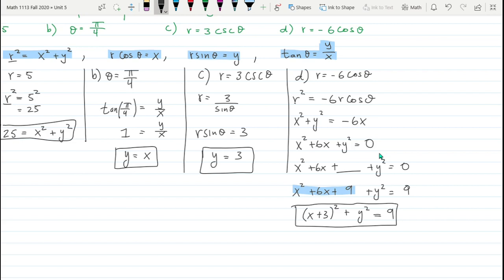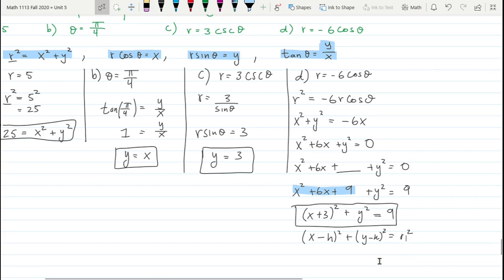And if you don't remember this, this would be the equation for a circle in rectangular coordinates, where h and k are the center of the circle, and r is the radius.